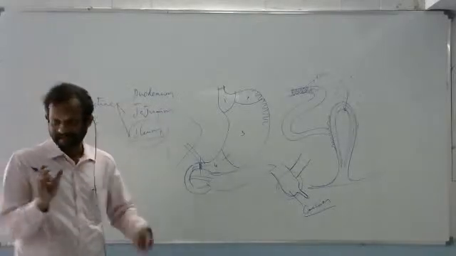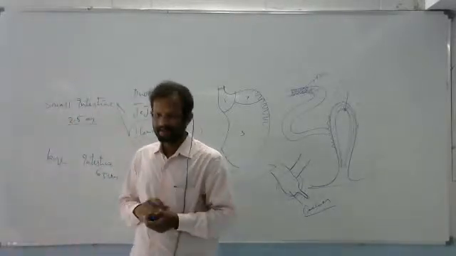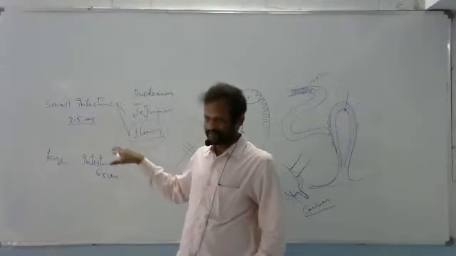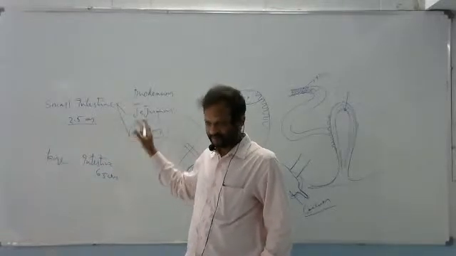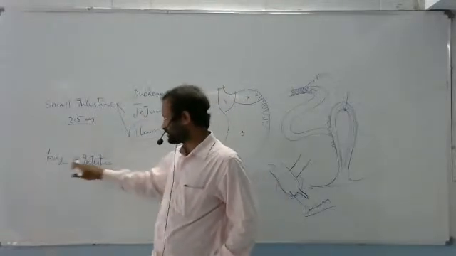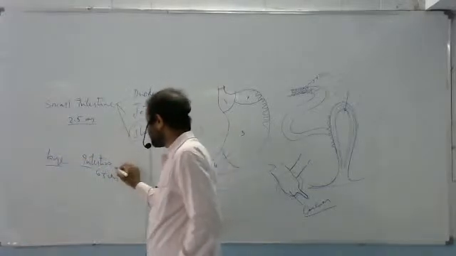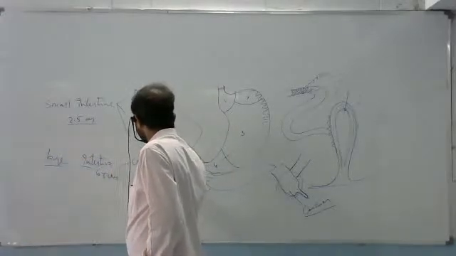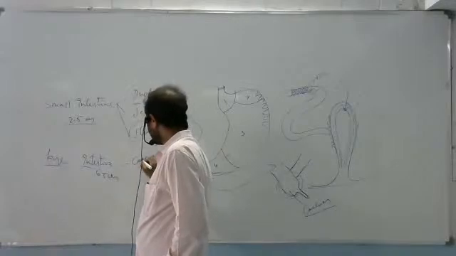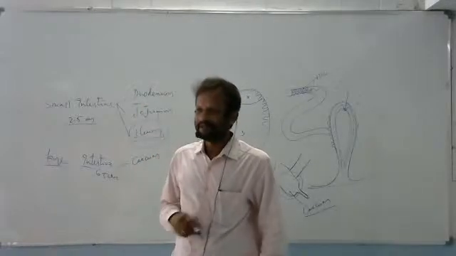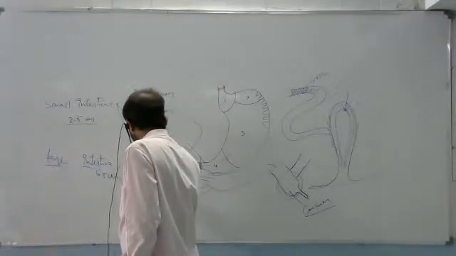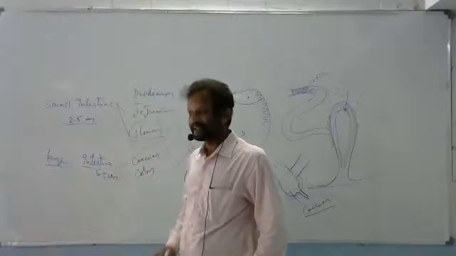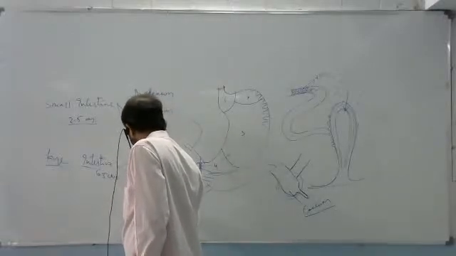That's why it is very broad, nearly 3 times the broadness of the small intestine. That's why it is called the large intestine. Which is the first part? Cecum, C-A-E-C-U-M. The second part is colon. The third part is rectum.